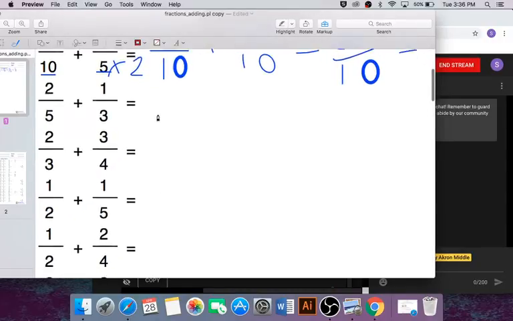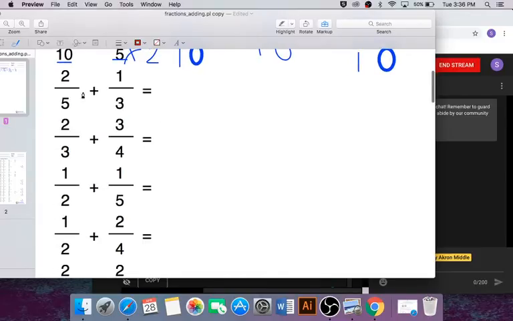So down here at our next example, we have 2 over 5 plus 1 over 3. So we have to figure out what goes into both 5 and 3. That number is going to be 15.